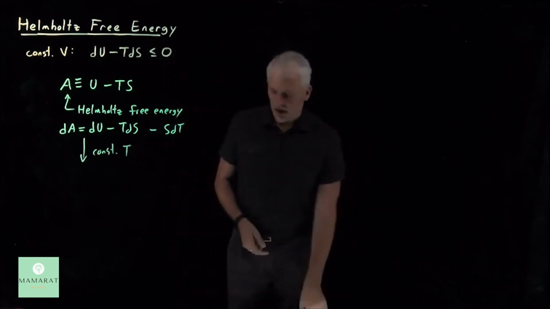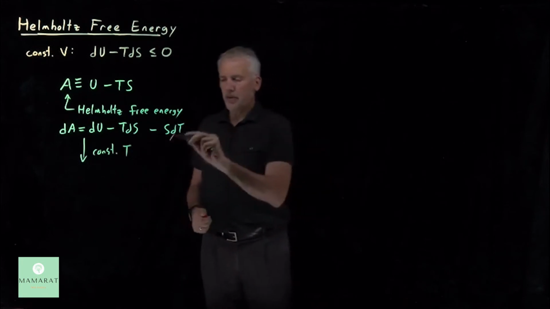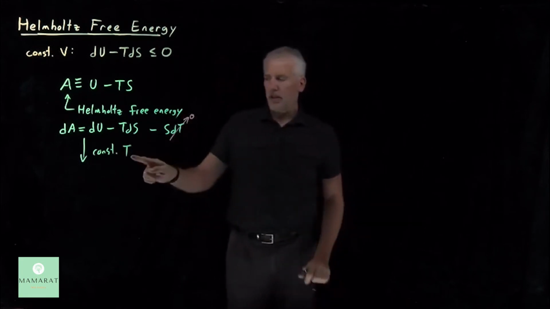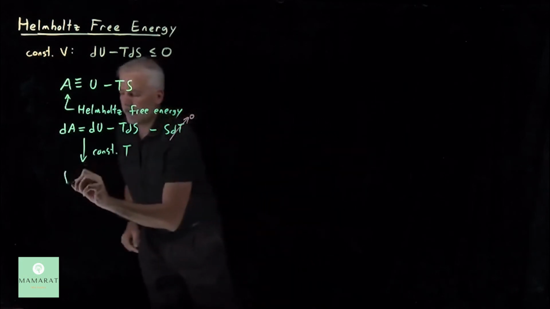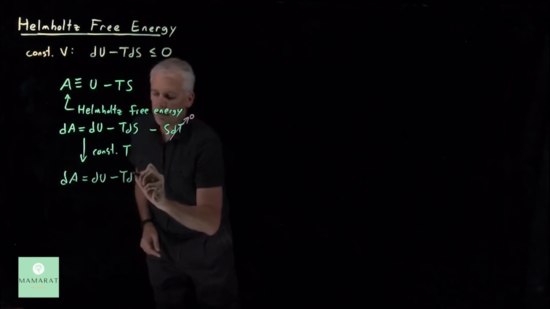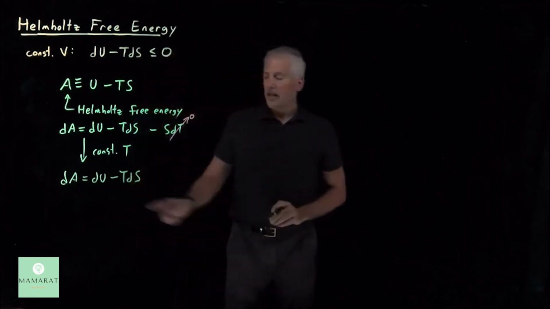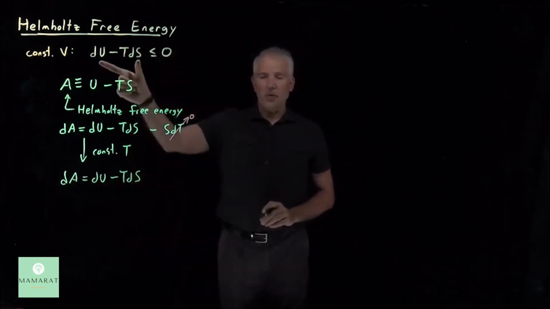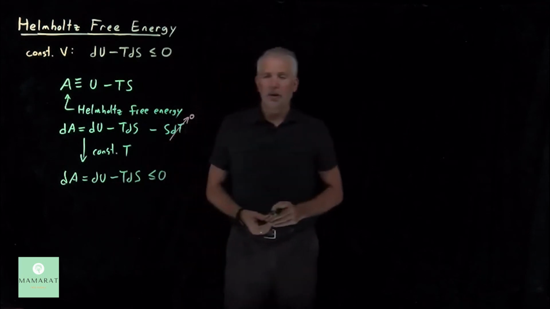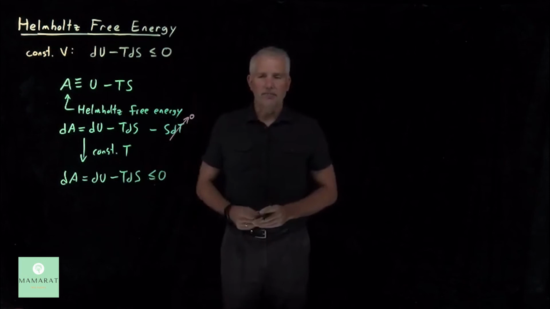If I do a process at constant temperature, then dT will be 0. So then I have dA is equal to dU minus T dS, and the last term has gone away. dU minus T dS is exactly the quantity we know must be negative or equal to 0 for a process that's actually going to happen, a process that's spontaneous or at equilibrium.